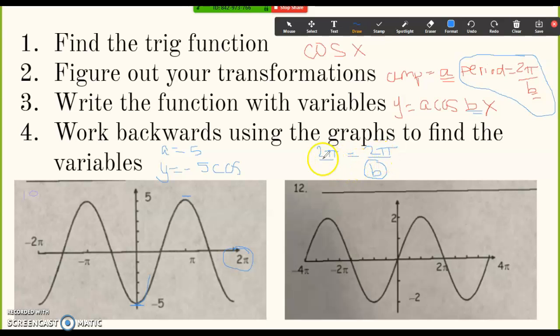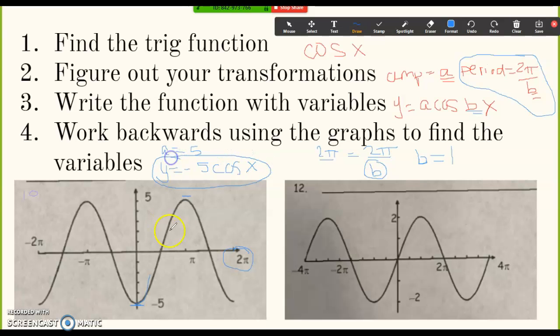Notice there has not been a period change, so the value I'd be using for B is 1. B equals 1. So y equals negative 5 cosine of 1x, or I could just say x.